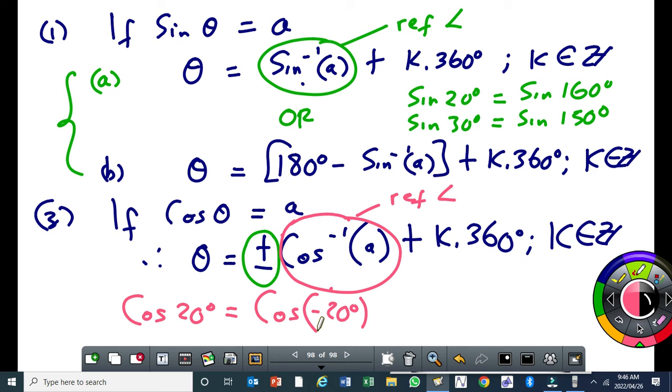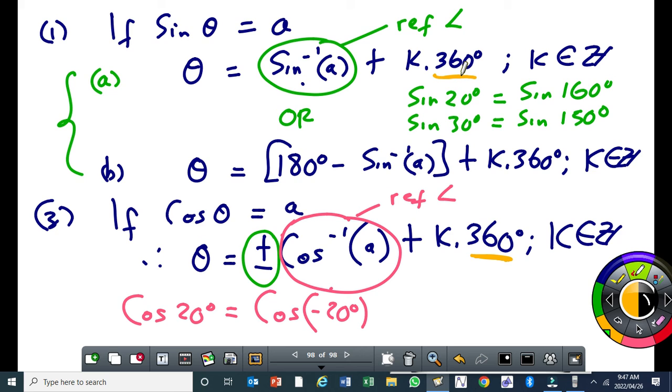It's also important for you to be aware that the basic graphs of sine and cos have periods that are equal to what? 360 degrees from your grade 10. That's also one of the reasons why we have to put that k times 360.